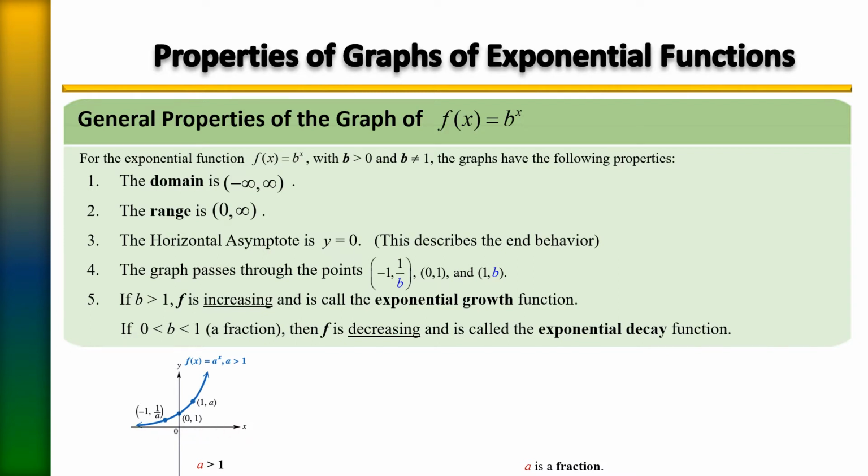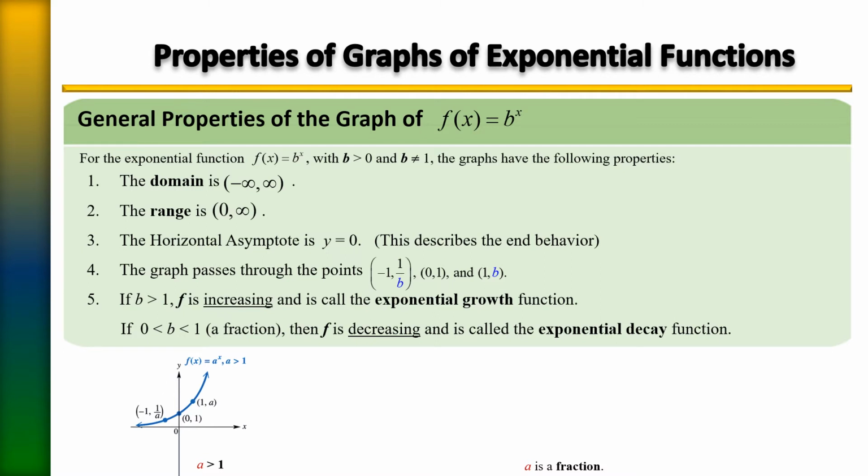It gets close to it, kind of hugs it, but never really touches the x-axis there. So y equals 0 is your horizontal asymptote. Therefore, again, the range would be from 0 all the way to positive infinity. It will go forever up.